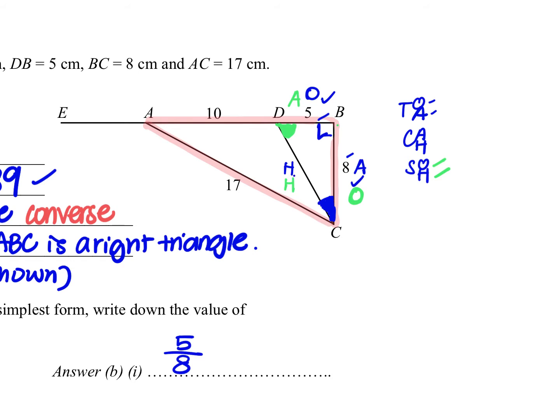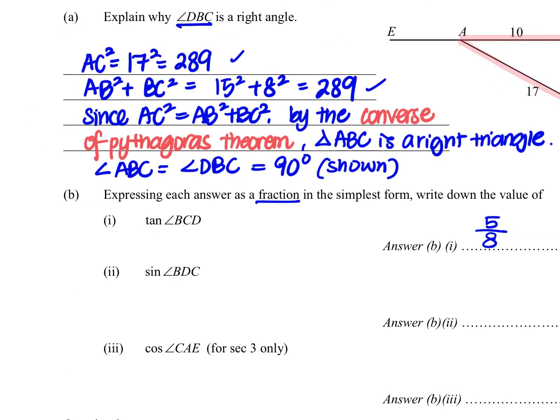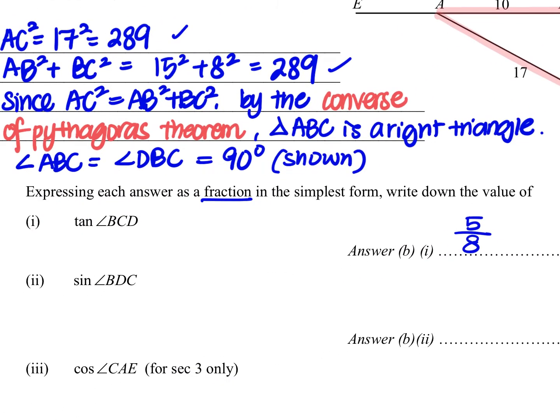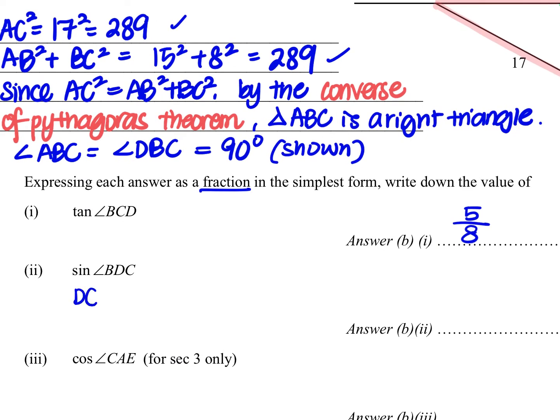We'll need to use square root: one side squared plus the other side squared, added together. So let me find my hypotenuse first. Hypotenuse is DC. DC will be equals to square root of 5 squared plus 8 squared. They want the exact value.